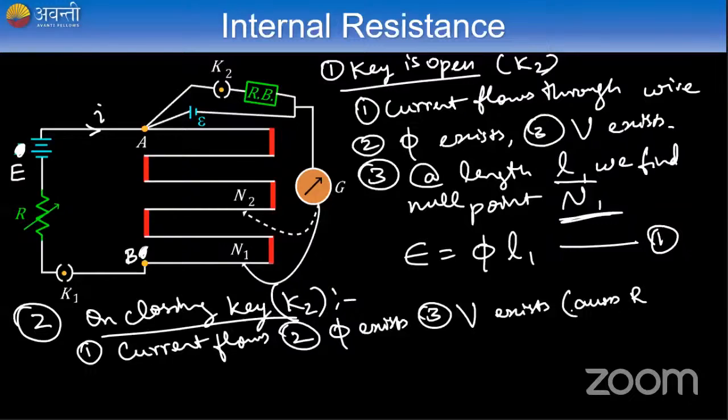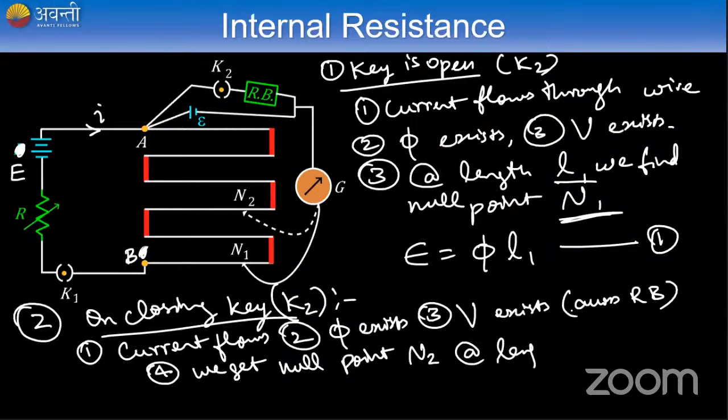The resistance box. So there exists a potential drop across the resistance box. So now again, we get a null point. So fourth thing, we get null point N2 at length L2. So what is the equation we get?